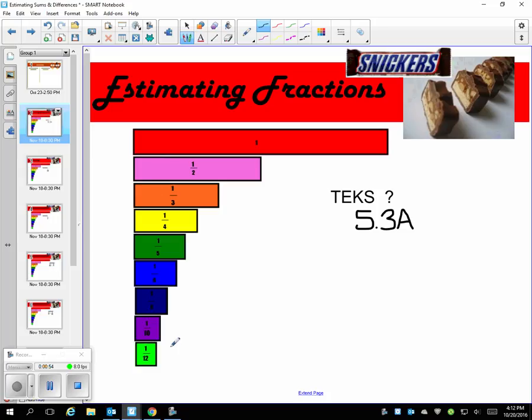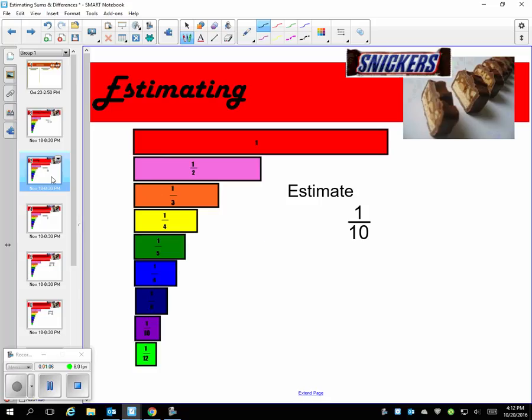Okay, so you probably have some fraction strips there on your table. You can feel free to use those during the first couple of slides here while we're modeling how to estimate the addition and subtraction of fractions. All right, so let's estimate 1/10. I want you to ask yourself, is 1/10 closer to 0, to a half, or to a whole?